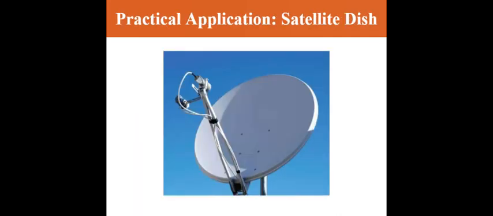So here's an example of a converging mirror. A satellite dish, while not the typical mirror you'd see in a house, is still a mirror since it reflects microwaves and radio waves. In this case, this is a satellite antenna for satellite television, so basically signals sent from network satellites towards the Earth.